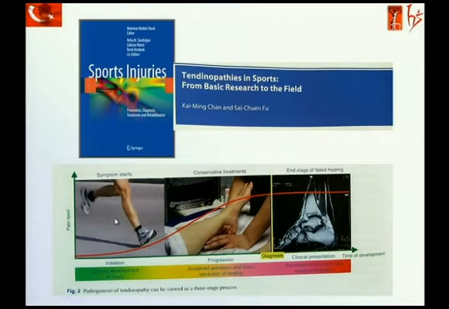You can see here the initiation of the walking or running style, then the progression of the inflammation, then you can see here the length and the weight of the tendon is a little bit different if you compare with the proximal side.